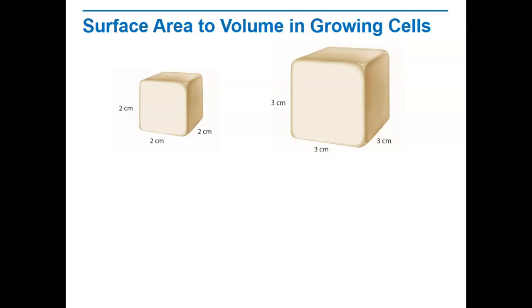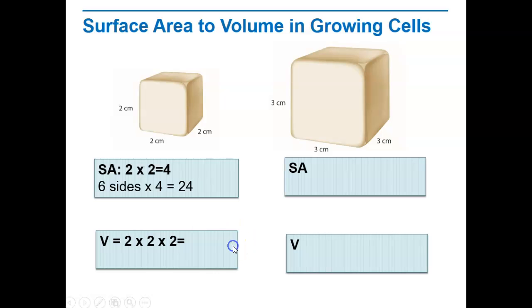Now, if we have some bigger cells, then their surface area and volume are going to be bigger as well. It looks something like this. I'm not going to do all the math with you to save time. But this one that's 2 centimeters across has a surface area of 24 and a volume of 8.